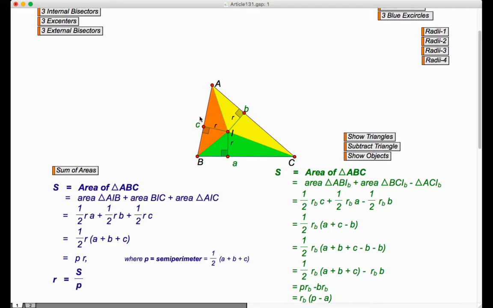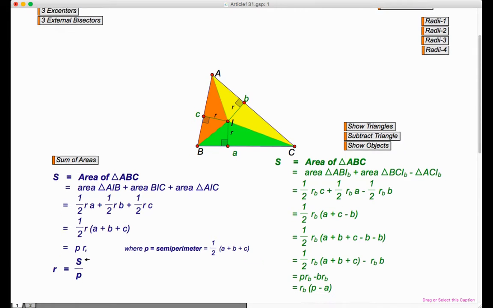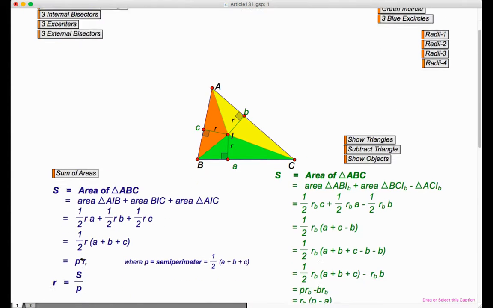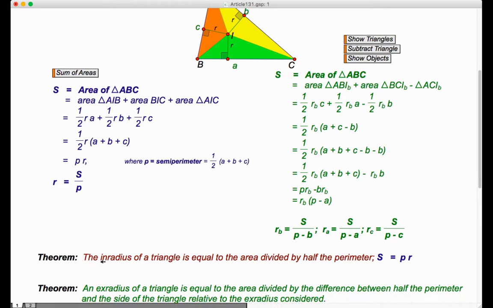And finally, 1/2 cr. And we can factor it out, and that's 1/2 r (a + b + c). As I have said, a + b + c is the perimeter, and therefore half of it is the semiperimeter. In that case, solving for r, I will have r is equal to S over P, which is what the theorem is all about.